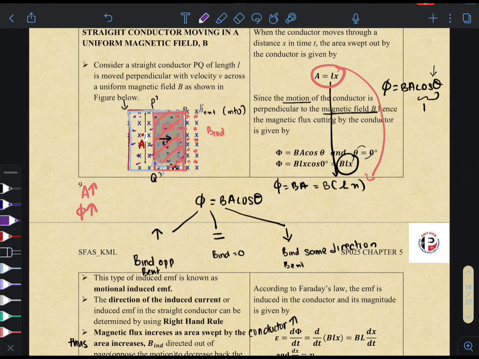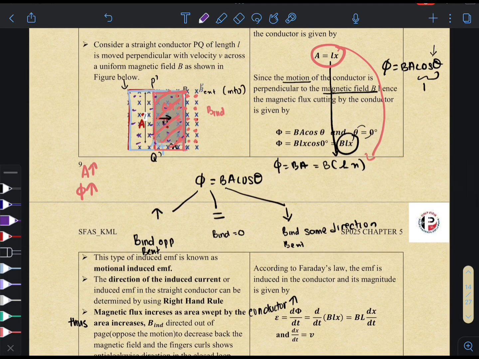Alright, so now kita akan menggunakan right hand grip rule to identify the direction of I induced based on the direction of B induced. Okay, so sekarang what you do is you take your right hand. Okay, your thumb here indicate the B induced direction. Your fingers that is going to curl akan indicate the direction of I induced flow.